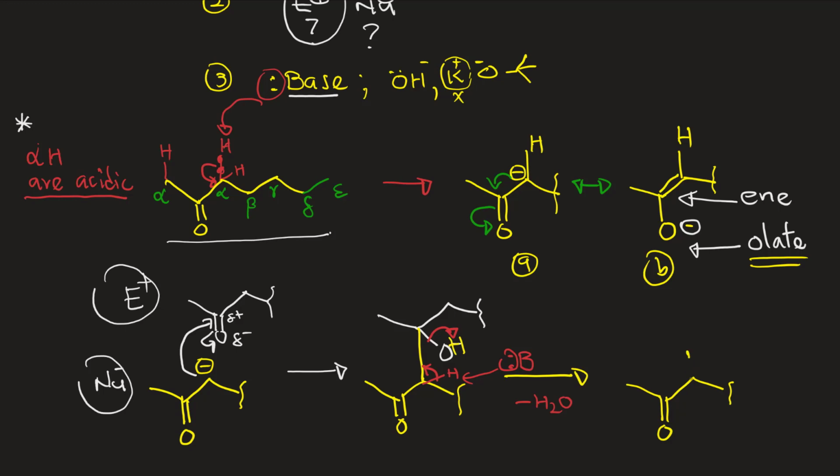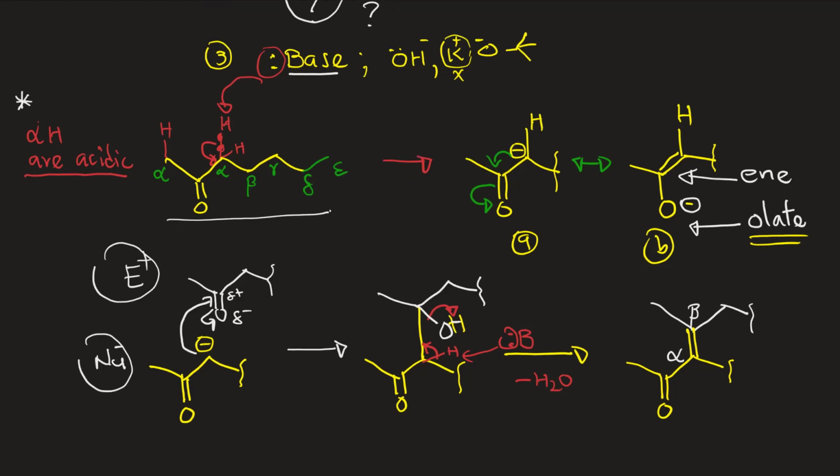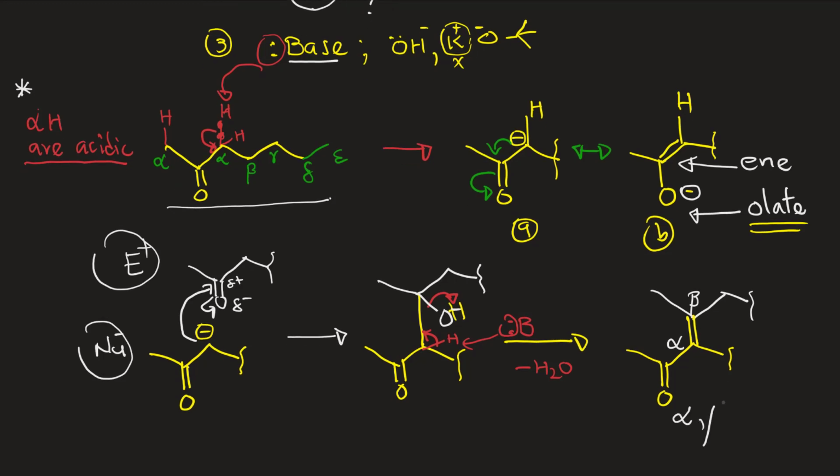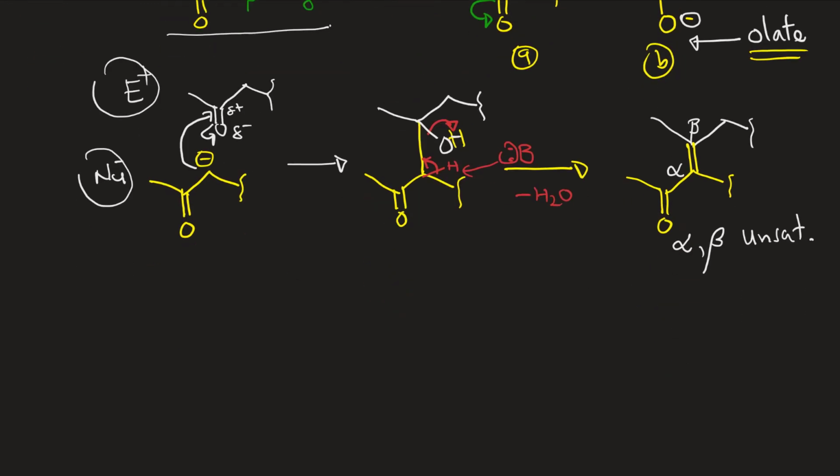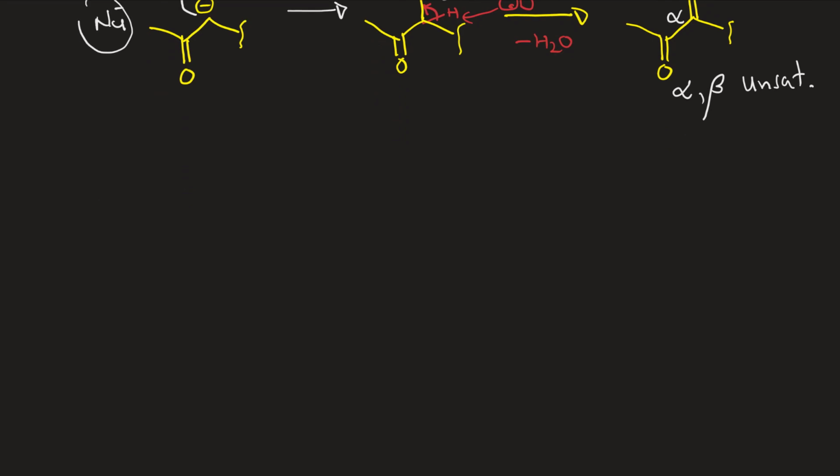What you make is another double bond here. So between the two carbon chains, you make an extra double bond in the position of alpha and beta. We call this an alpha beta unsaturated compound. That's the end product of an aldol reaction.